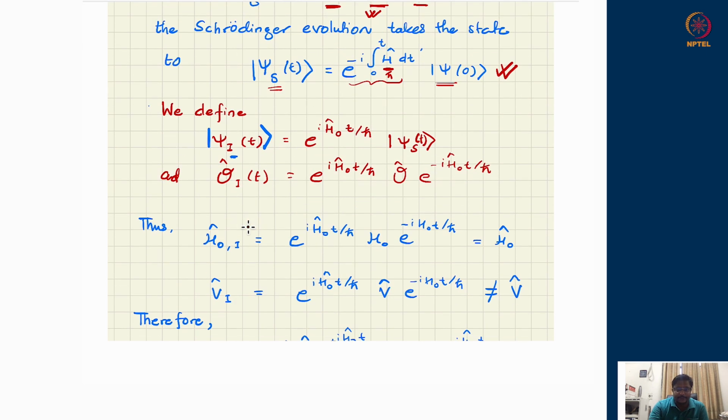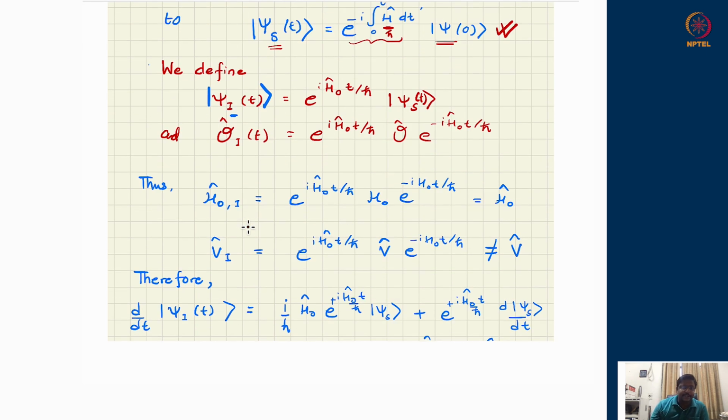Similarly, another piece of information we are going to define is the interaction version of an operator. So I take the operator O and squeeze it between the unitary operators of the free Hamiltonian. This is the time evolution of a system when there is no perturbation. So e to the power i H naught t upon h bar from the left and e to the power minus i H naught t upon h bar from the right.